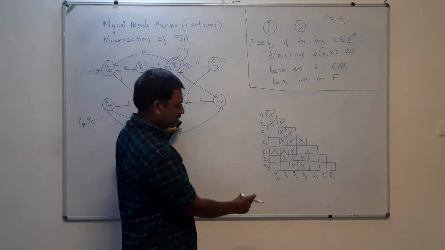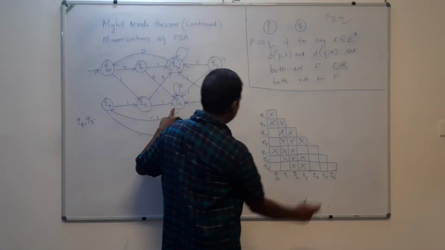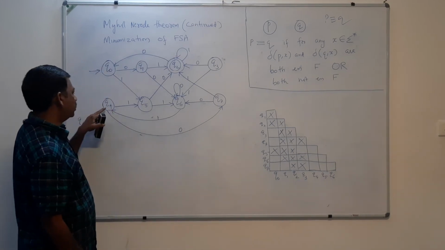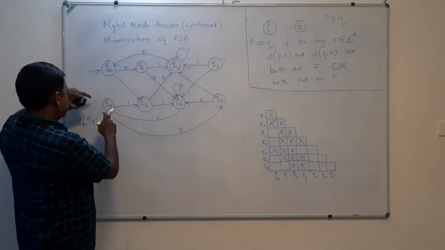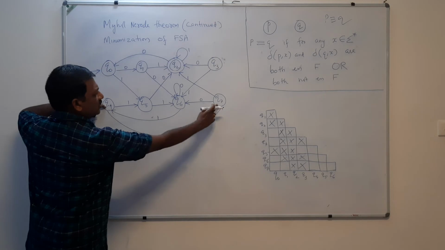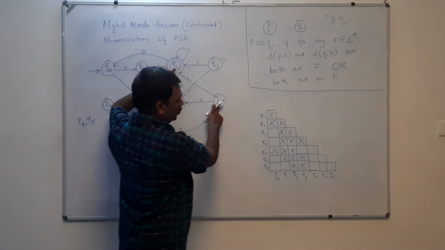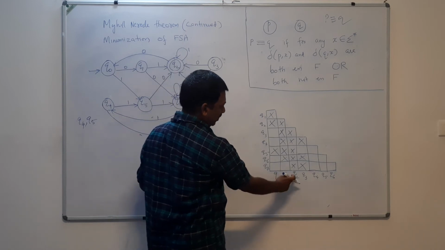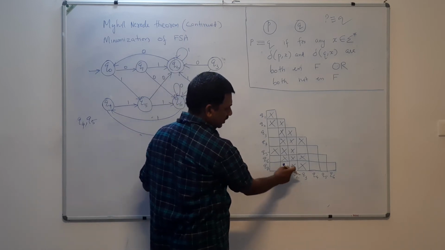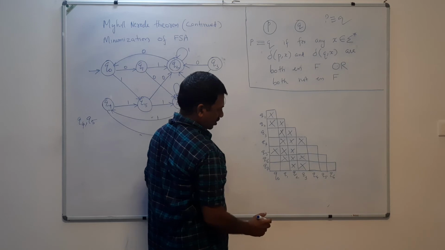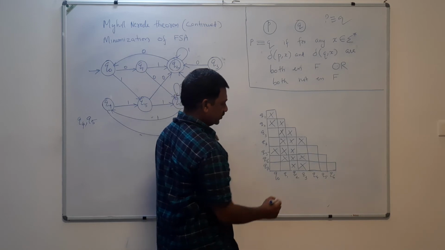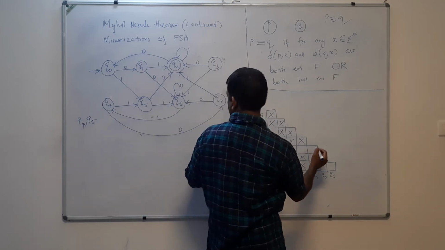What about Q5, Q6? That entry is not filled. So we are going to 0. Q4 on 0 it is Q7 and Q5 on 0 is Q2. Q2, Q7 is already distinguishable. So this also is distinguishable.